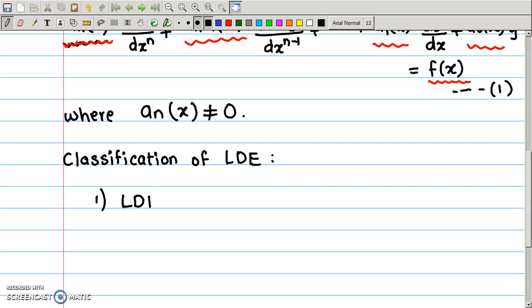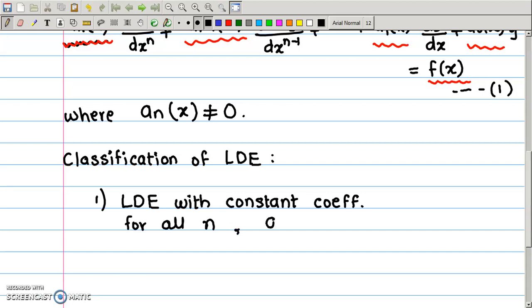First one is linear differential equation with constant coefficients. That is, for all n, a n x, these are constants.